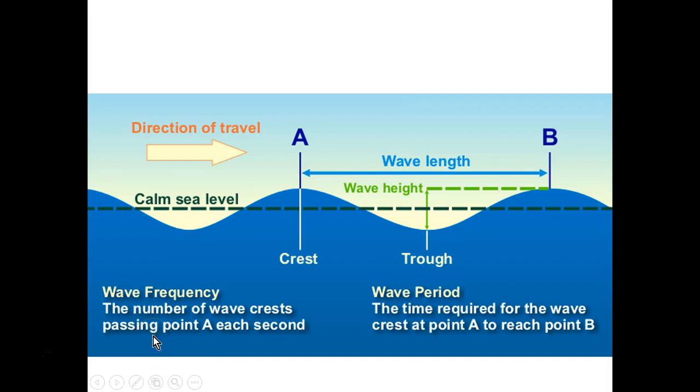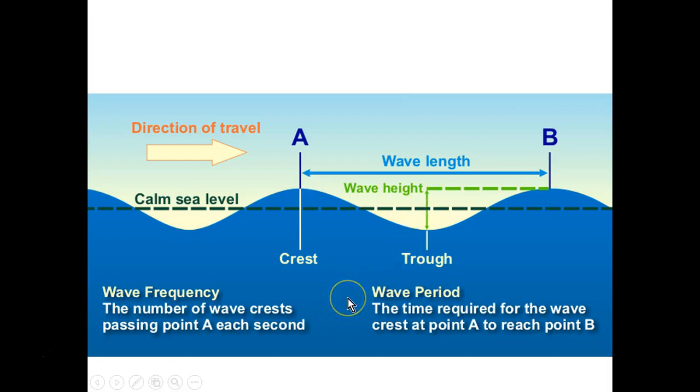This is the number of wave crests passing point A each second. Okay, or we can even measure it in a minute. So you sit there and you start your timer when you see the crest right at this point, and then you count and you stop your timer once you get to a minute. And that will give you how many crests, how many waves pass a point within a minute. And then you can calculate how many it is per second as well.